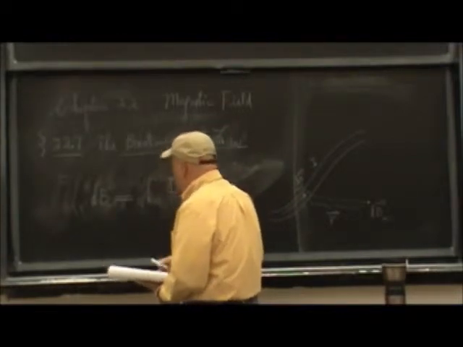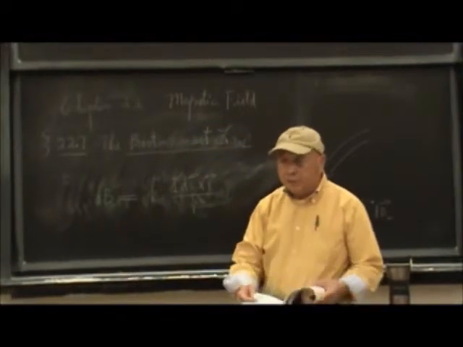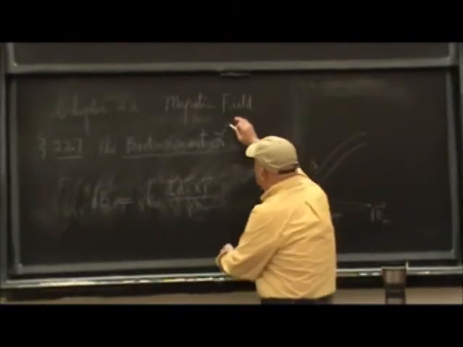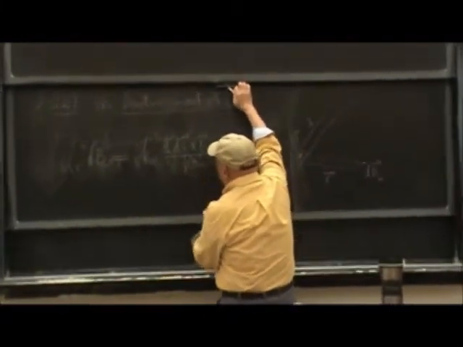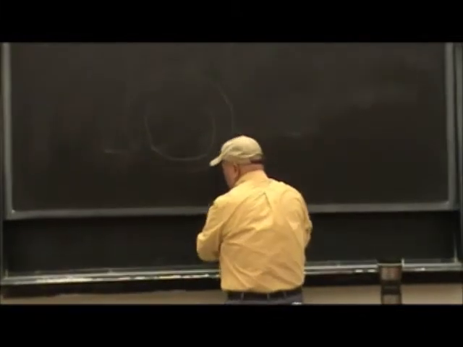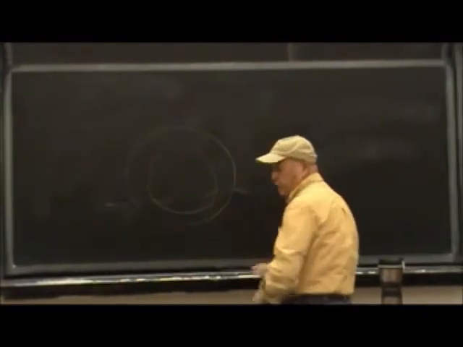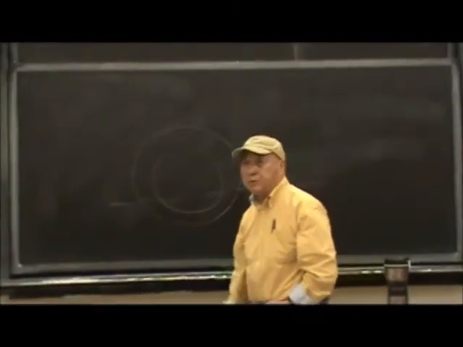So this is the magnetic field created by the moving current, or you can say the moving charges.